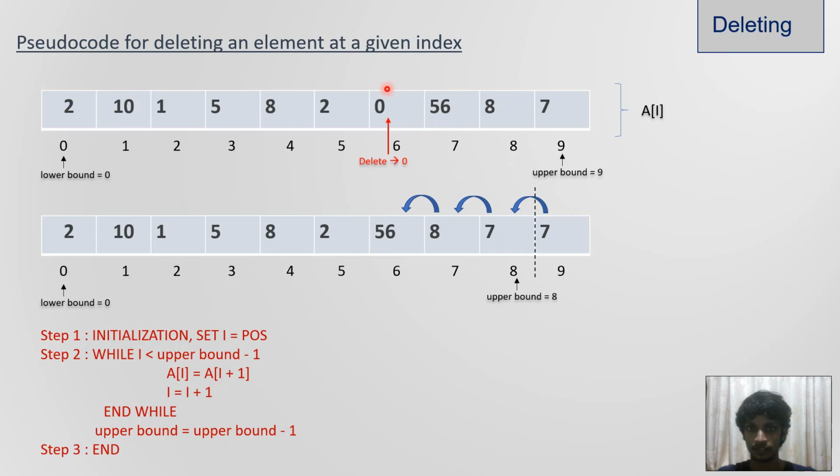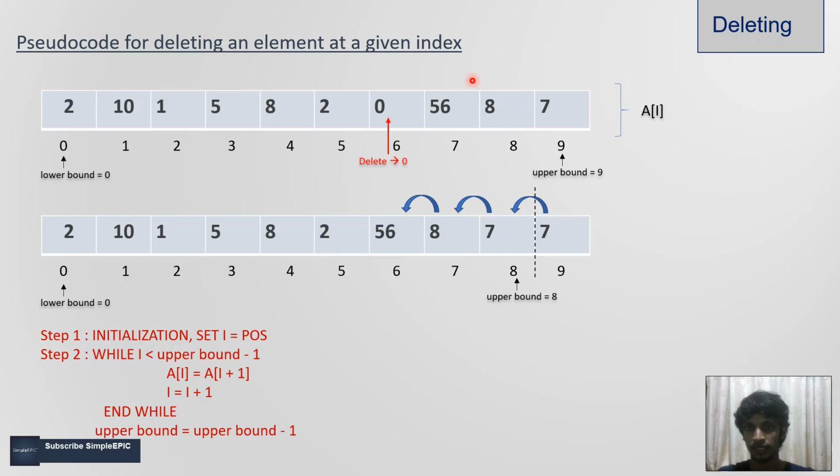So if the 56 is shifted to this position, there will be 56 and there will be 56 also. So there will be no 0 longer existing, because the 56 is now duplicated, and the 0 has been removed.